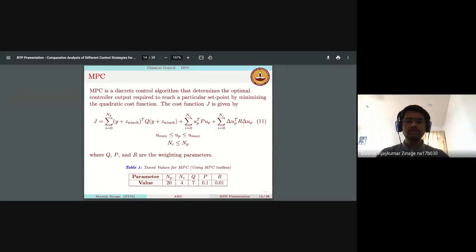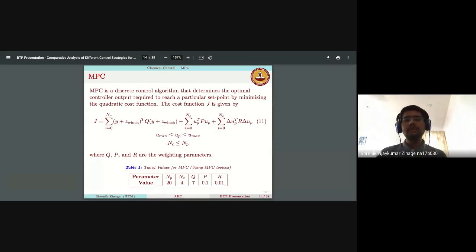I'm trying to make sure that the compensated motion is more, and I'm not worrying much about whether the control input is more or not. Even if the control input is more, I'm not worried about it. My main objective is to check that the payload motion is minimized. That's why I set Q to a higher weight of 7, and the rate of change of control input had a weight of 0.01.